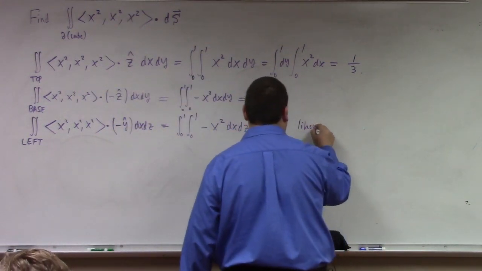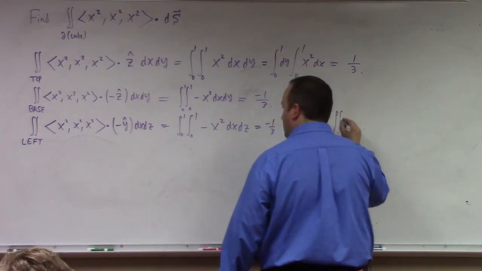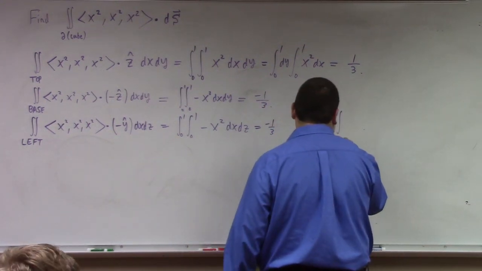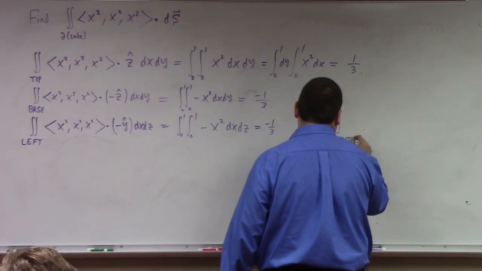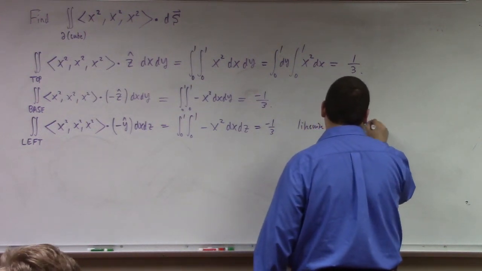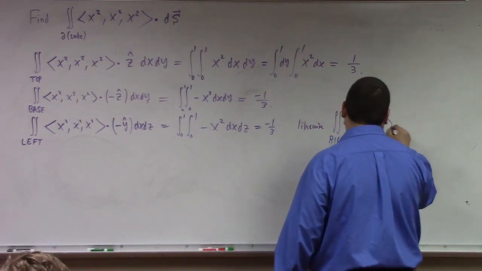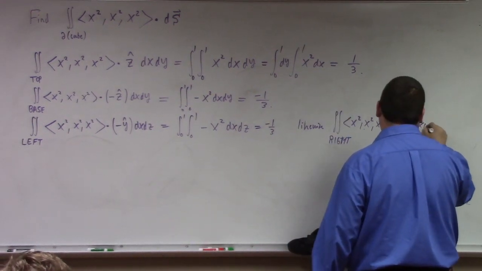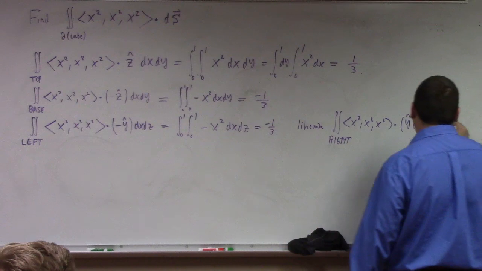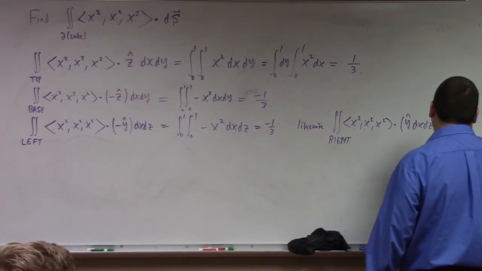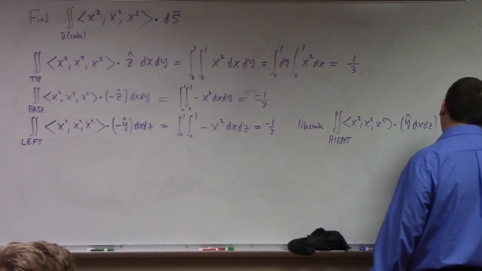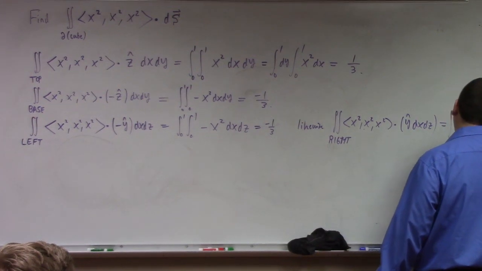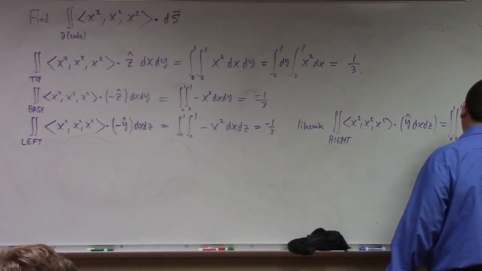Likewise, the integral over the right face is x squared, x squared, x squared, dot product with y hat, dx dz. That gives us the integral from 0 to 1, integral from 0 to 1 of x squared dx dz, which again works out to 1/3.